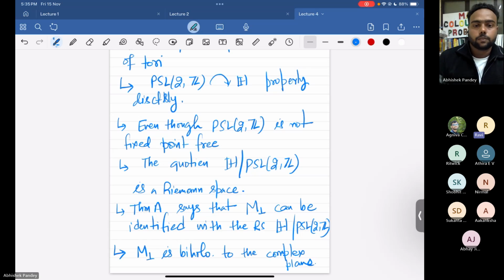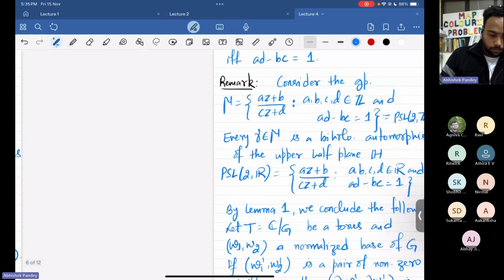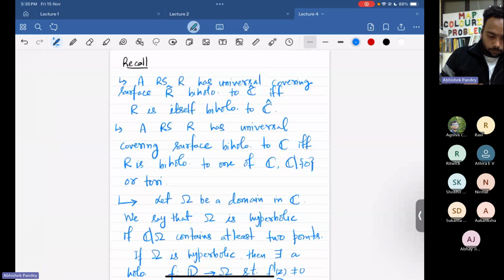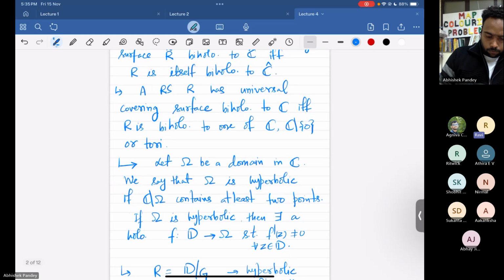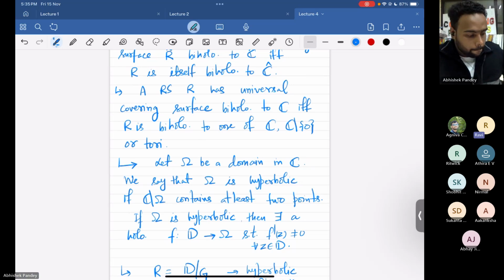I have one doubt. If you go to page 2, you said there exists a holomorphic map whose derivative is non-zero everywhere. I think it is not true for any domain, because if you take omega an open set containing 0, then there is some ball contained in the domain, so you can always rescale your function.